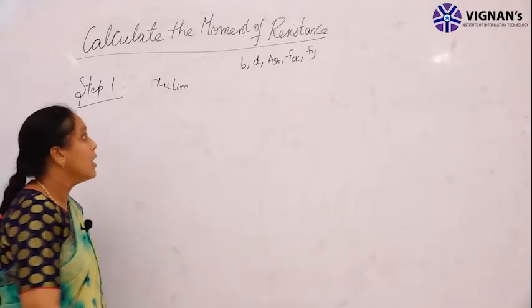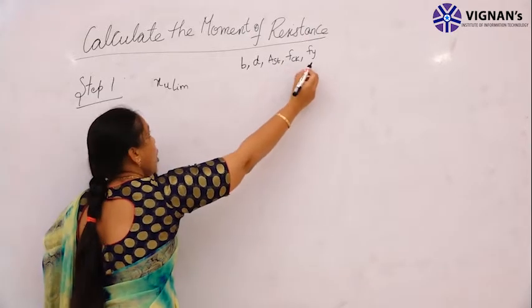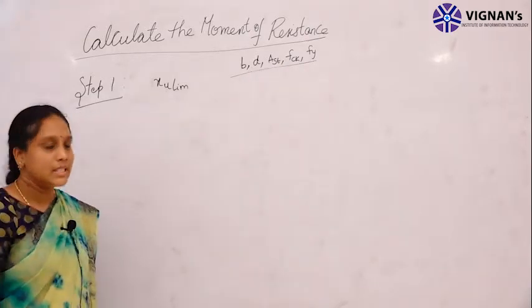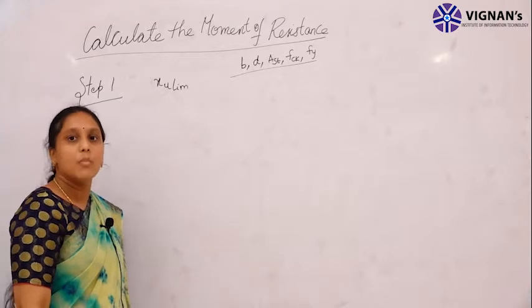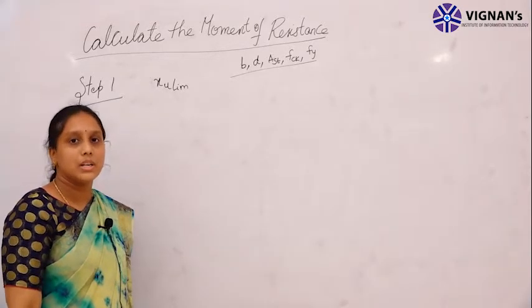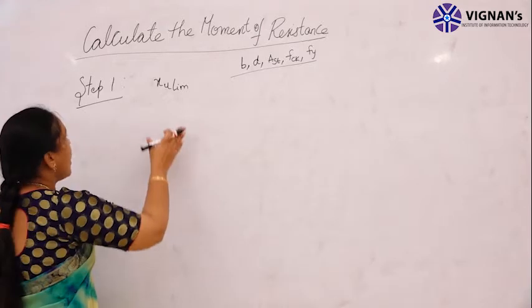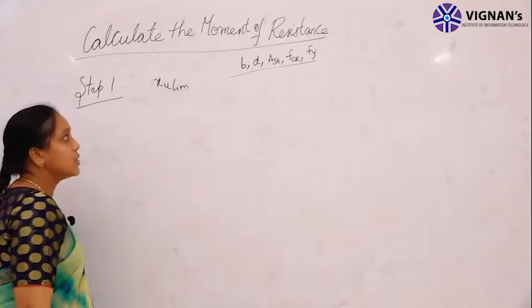When all these data are given for a particular section and you are asked to analyze the moment carrying capacity of that section, you have to first find out the XU limit.